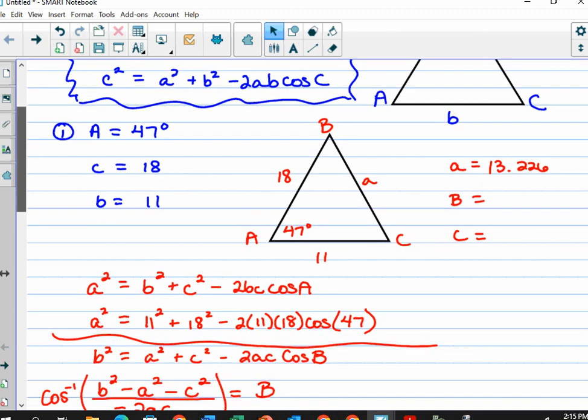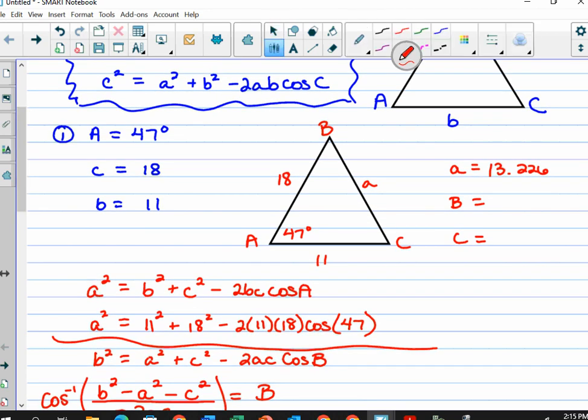Yeah, right. All right, so we got 37.464 degrees. Okay, do I have to use law of cosines to find angle C? No. What do we know? It equals 180, subtract. Yes, so did we get 95.536?